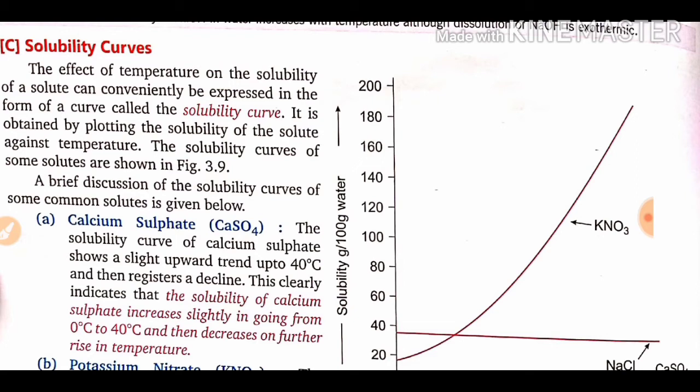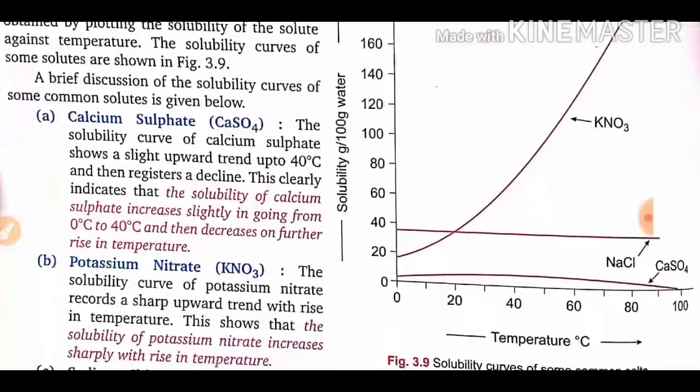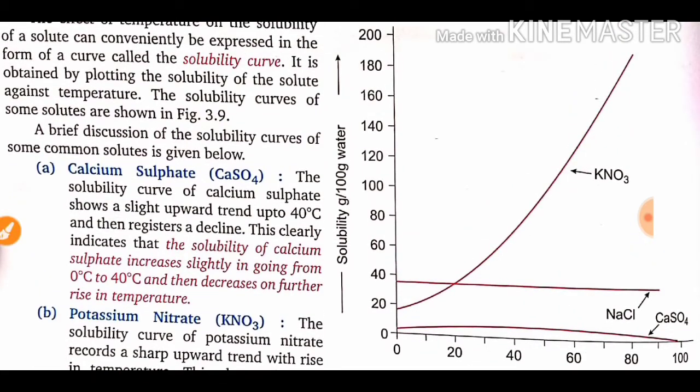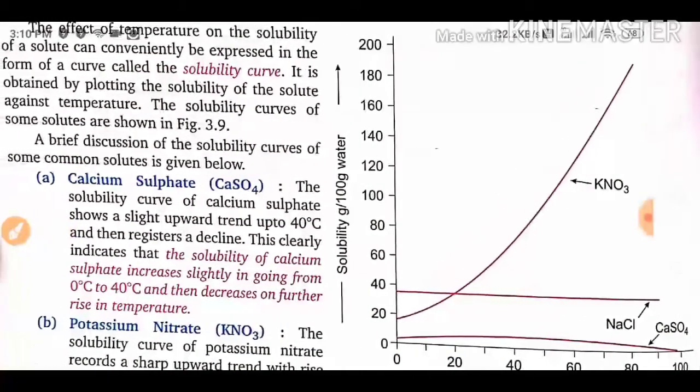The solubility curves of some solutes are shown in figure 3.9. I will give you one example, and you have to understand the others. I'm giving the example of calcium sulfate so that you understand how to read the figure given for any type of situation.